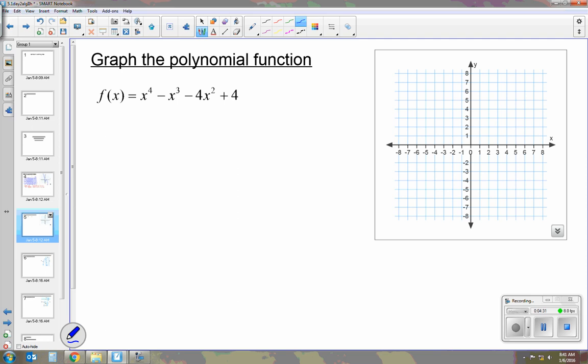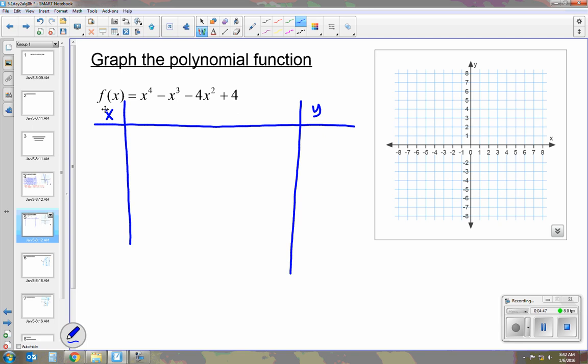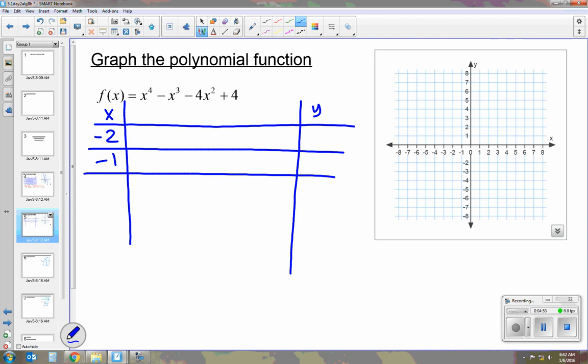All right, so we're going to do a table of values once again. All right, that should be large enough. And we are going to do a -2, a -1, a 0, a 1, and a 2.